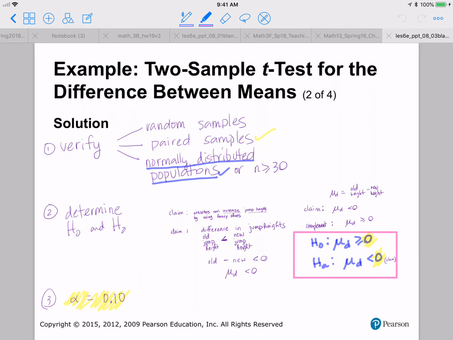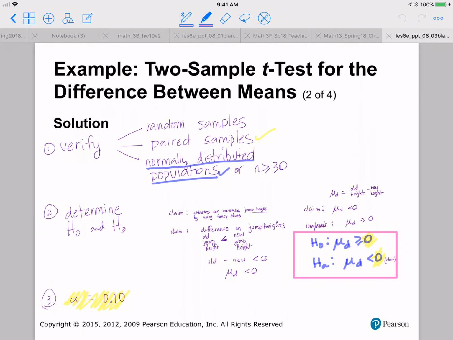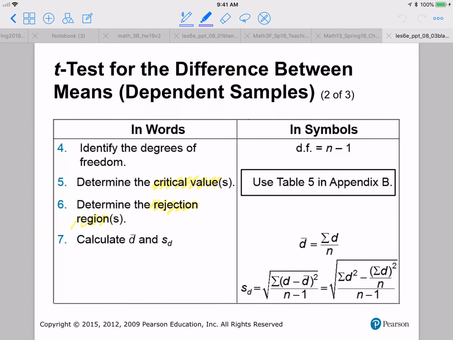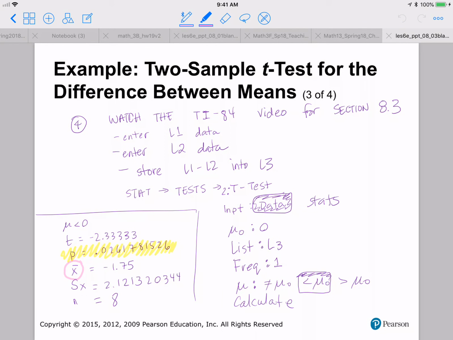Now, X bar is what your calculator uses, what the TI-84 uses. The textbook uses D bar. It's the same thing. The D bar is the average difference here. That for the t-test is X bar.